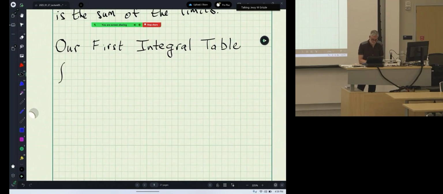We have the integral from a to b of 1 dx. So using our results on monomials, that's x to the power 0 plus 1, divided by 0 plus 1, we get 1.